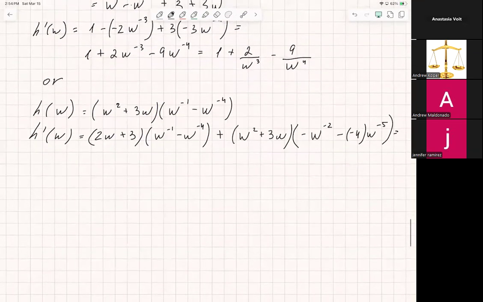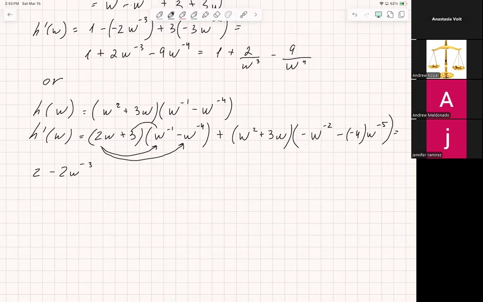Okay, so 2w times w to the -1, so this will be gone, right? And we have just 2 minus 2w times -w to the -4th power, that's going to be 2w to the -3rd power.